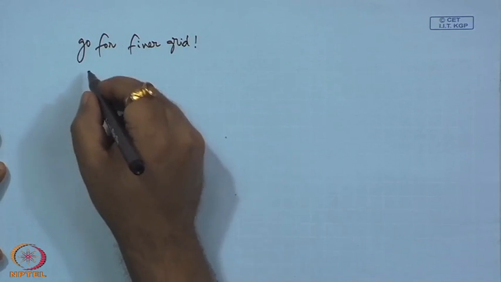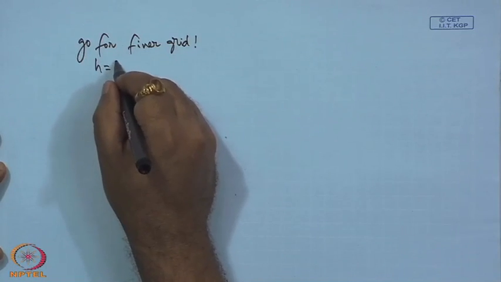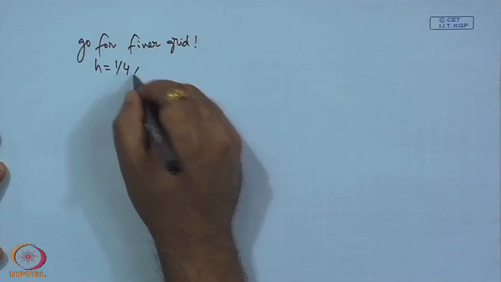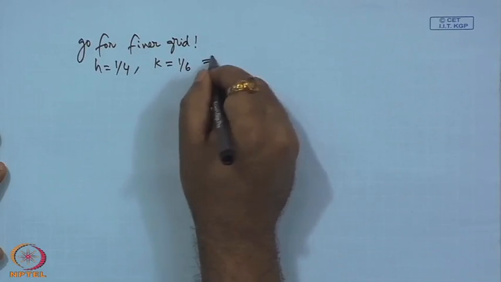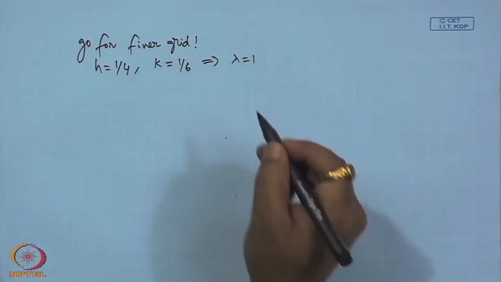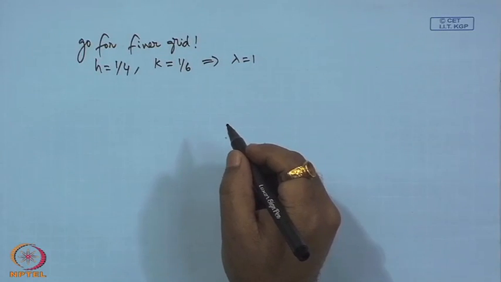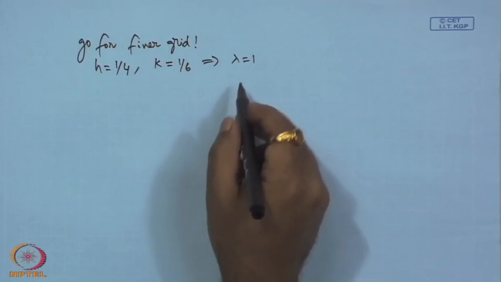Okay. So, accordingly let us choose h is 1 by 4, k is 1 by 6. Of course, still for simplicity the grid parameter is 1. Okay.